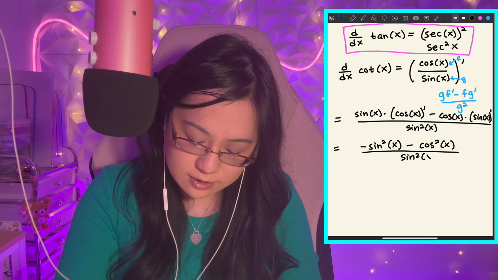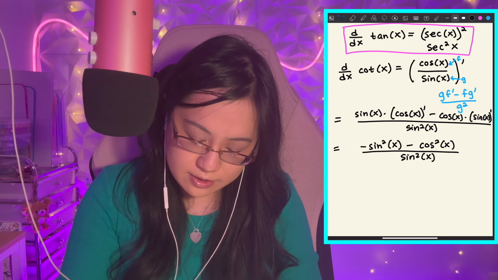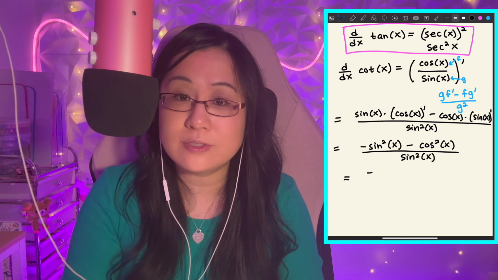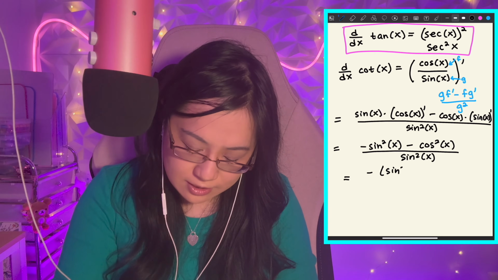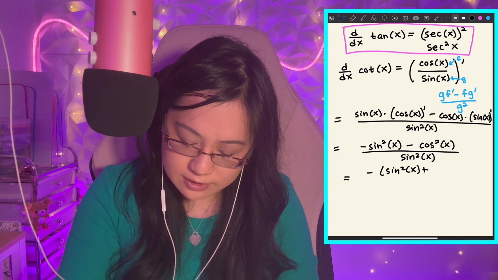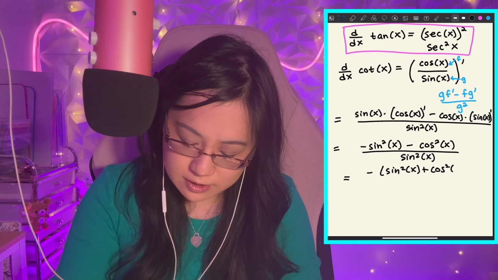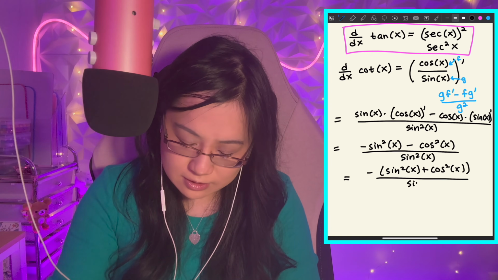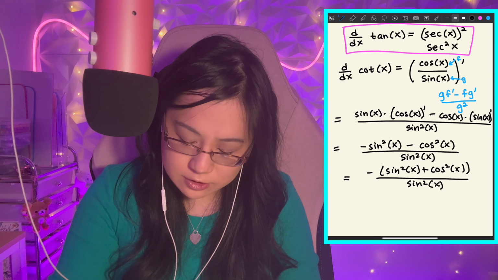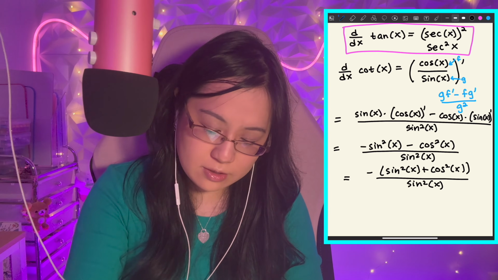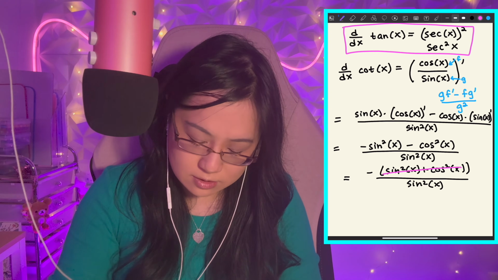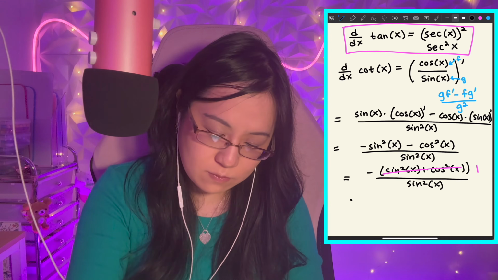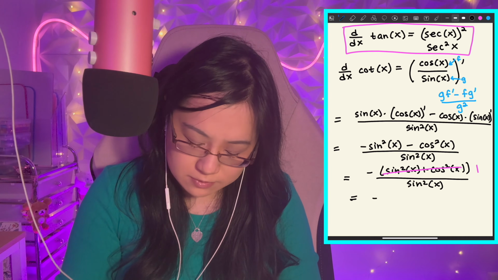over sine squared. Okay, well in this case, if I happen to factor out the negative, I have sine squared x plus cosine squared x. Doesn't that look familiar again? There's our basic trig identity: this whole top part is 1. So we have negative 1. Sine squared plus cosine squared is 1.